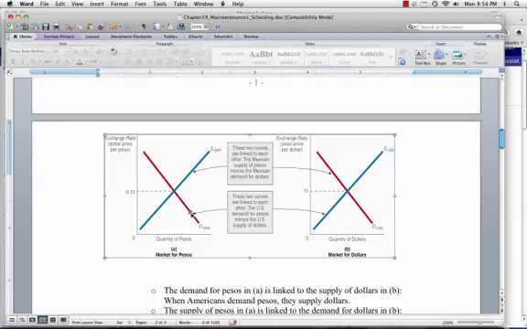That would mean there would be a demand for Mexican goods. Where do those Mexican pesos come from? Well, that's linked to the fact that Americans have dollars and they're going to supply those dollars to get the peso. Over here, we have the Mexicans wanting American goods, so they demand the US dollar to buy American goods, and they trade for it the pesos that they own.